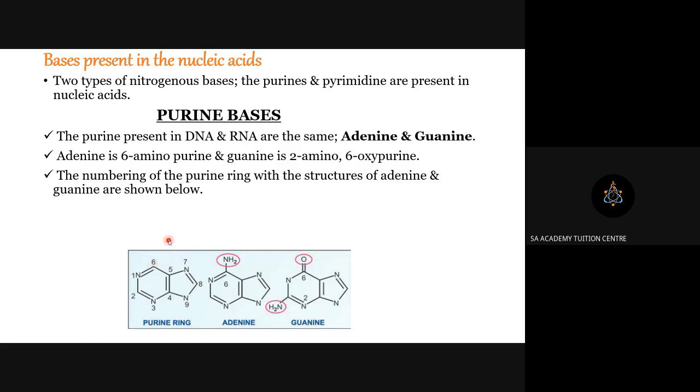We said adenine is 6-amino purine, meaning at position 6 there's an amino group attached to it. This whole thing is just a purine nitrogenous base, but at position 6 there's an amino group attached. In medicine, classifying things is very important because you don't have much time to keep details like these. So you just know that at position 6 there is an amino group attached.